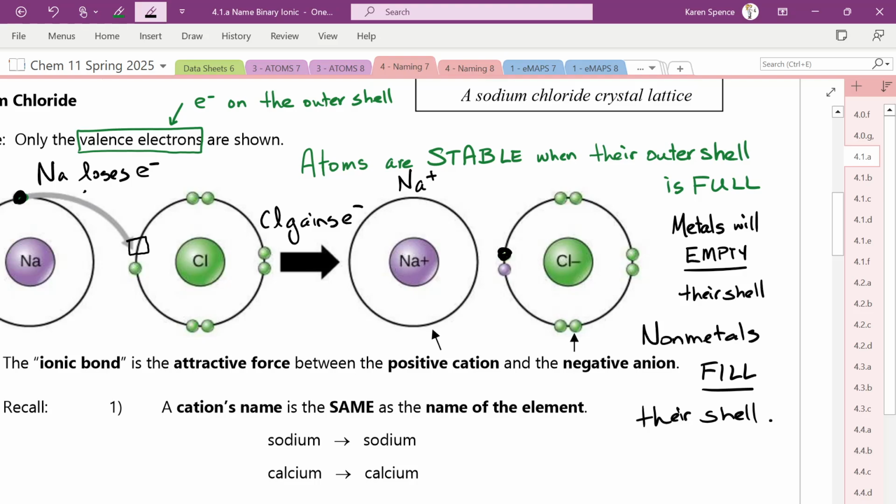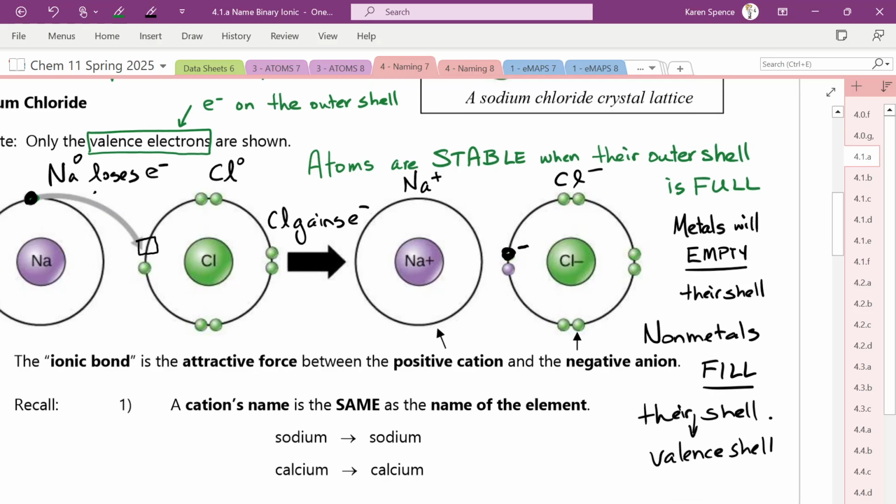And when I say their shell, I mean their valence shell. Okay? And because chloride got one extra electron, it is no longer Cl0, it is now Cl negative. So Na goes from being Na neutral into Na plus and Cl minus, okay?